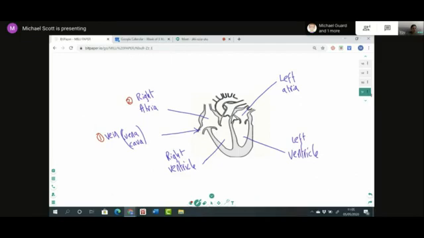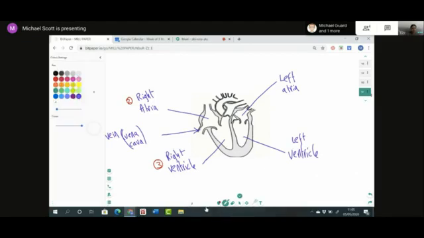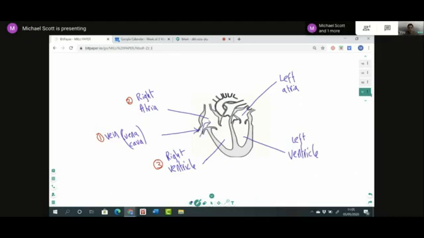From the right atria, the blood gets pushed or pumped into the right ventricle. Okay? And now we're really going to get technical, because following this diagram, hopefully you can see that blood would come in here, it would get pumped into here, and then it would get pumped out here.